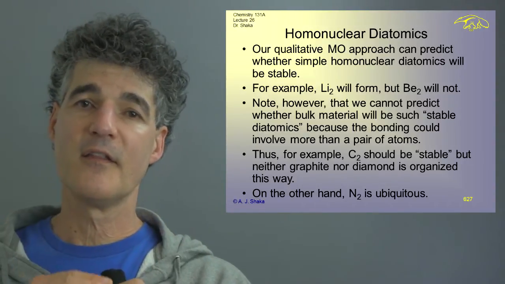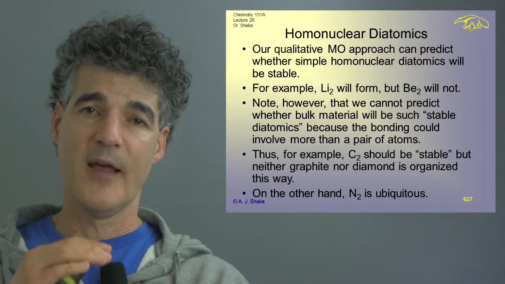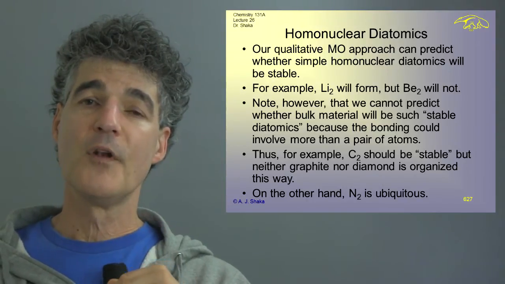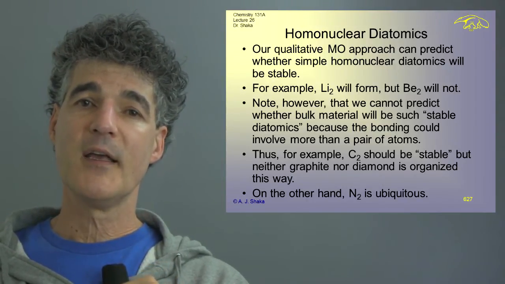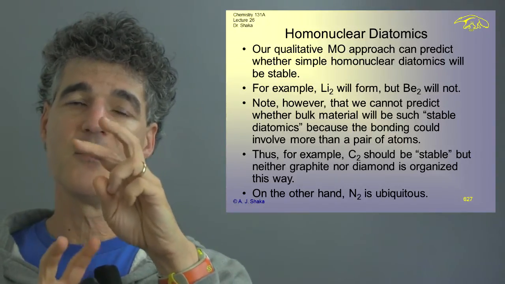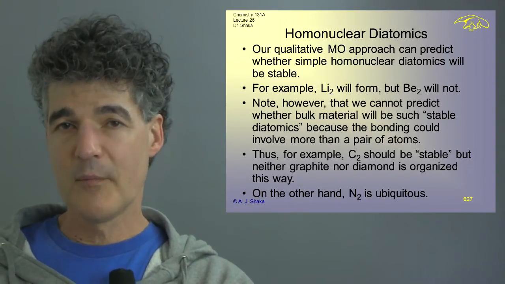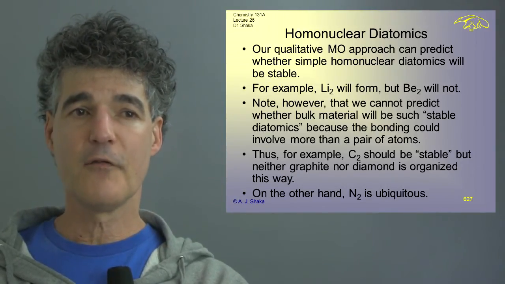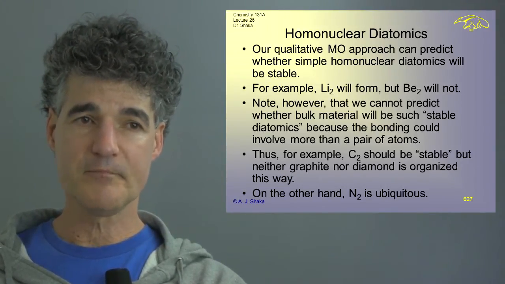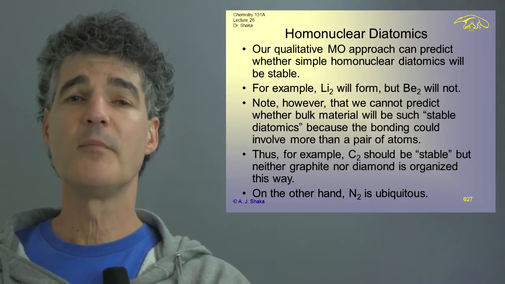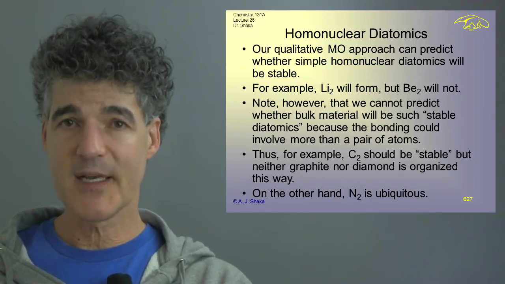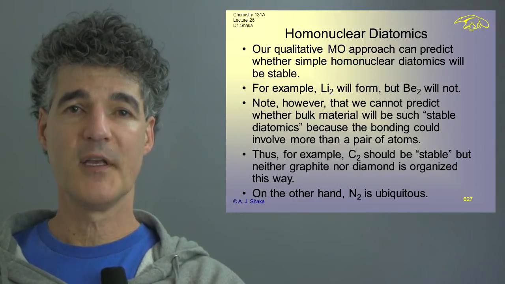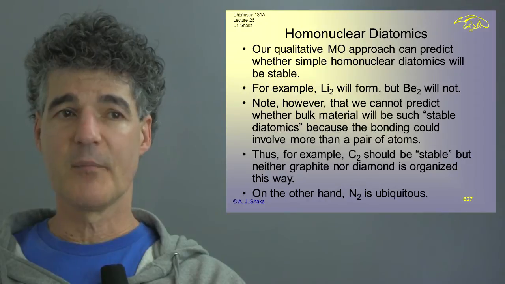We predict that lithium-2, Li2 is stable, but beryllium-2 would not be, because beryllium-2 would be like helium. It would have 2 in the bonding, 2 in the anti-bonding, and so beryllium-2 should not form, or at least not strongly. We could probably produce it under special circumstances if we wanted to, but we don't predict that that's going to be an energetic bond to break.